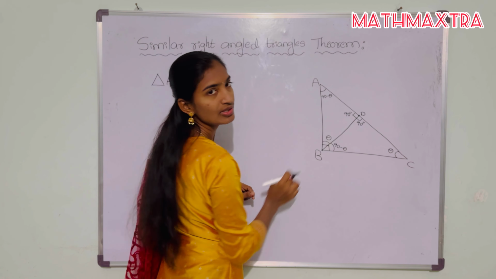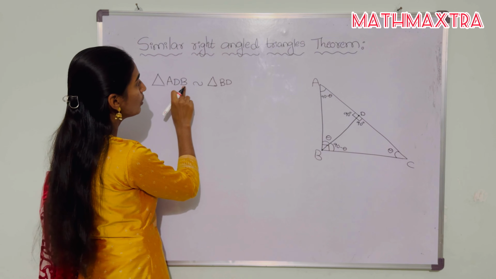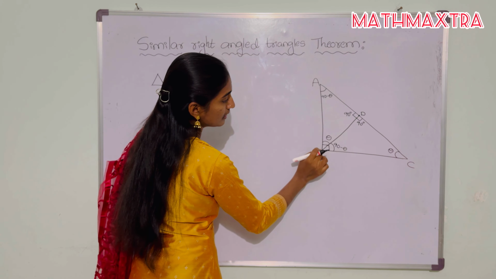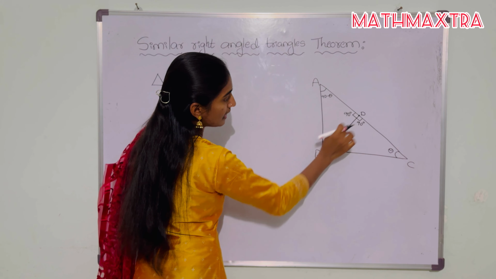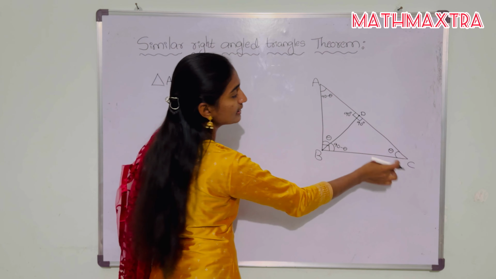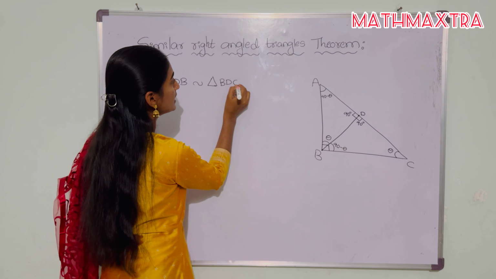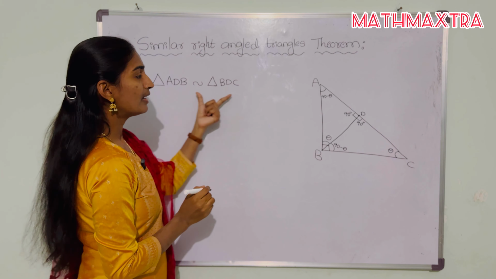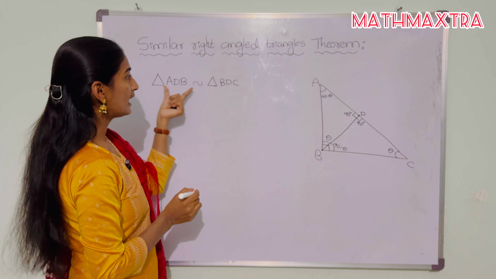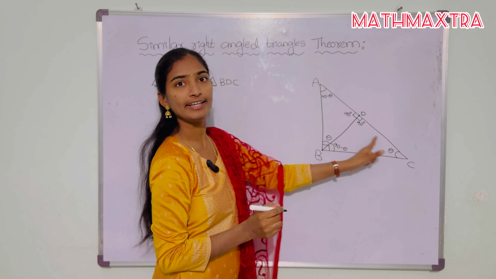See, this is also D. You write D here. What is the measurement of angle B in this triangle? Theta. Which angle measures theta in the other triangle? It is C, so you write C. These are the similar right angle triangles. Triangle ADB is similar to triangle BDC.